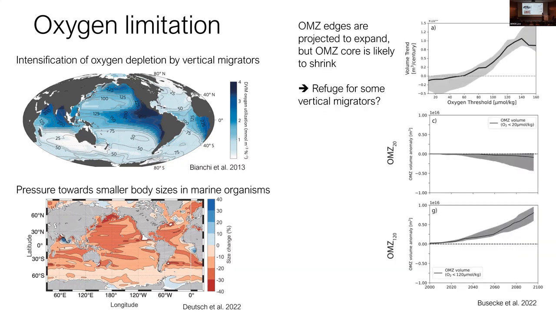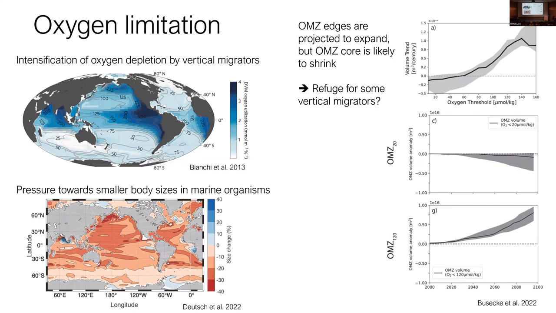In this recent study from Busecke et al. in 2022, they looked not only at the total OMZs, but separated by different thresholds. So just point your attention down to this bottom right plot. If you look at the OMZ as defined by 120 micromole per kilogram volume, then yes, OMZs will increase.